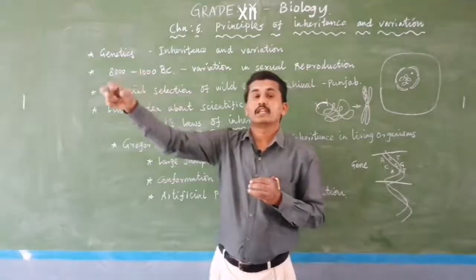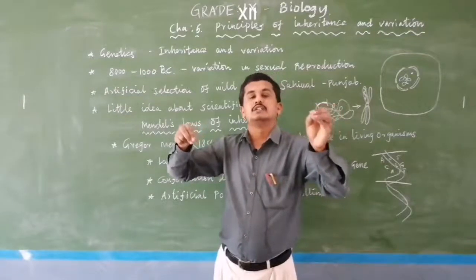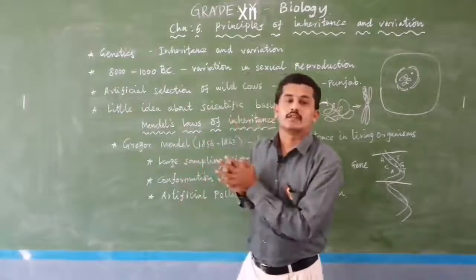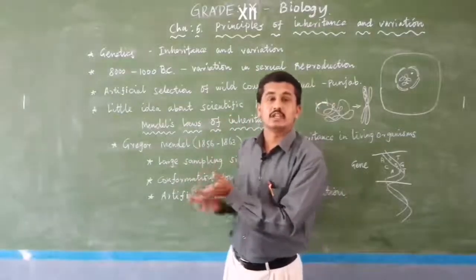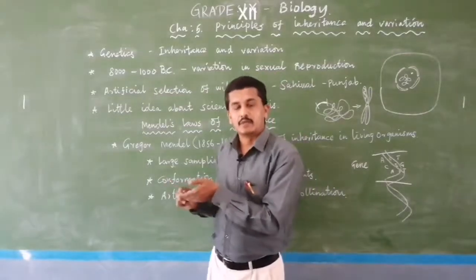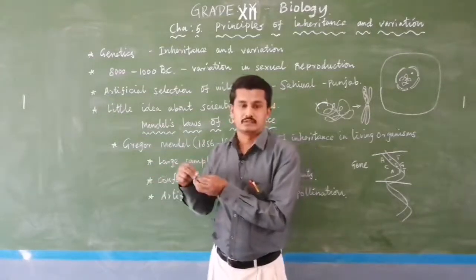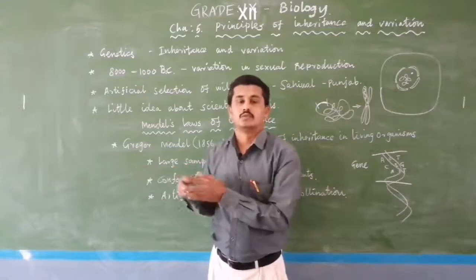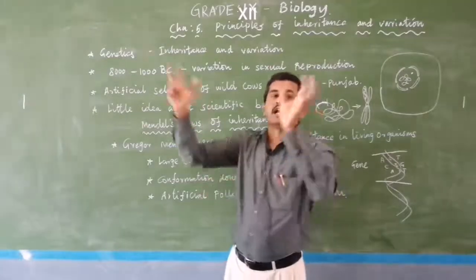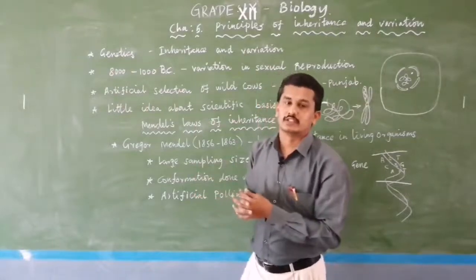So we select basmati rice and IR20 rice, hybridize the two rice varieties, and introduce a new variety which yields more, has more disease resistant power, high aroma, and longer grains. So we get the desirable best variety of rice by hybridizing the two varieties. This is known as hybridization.